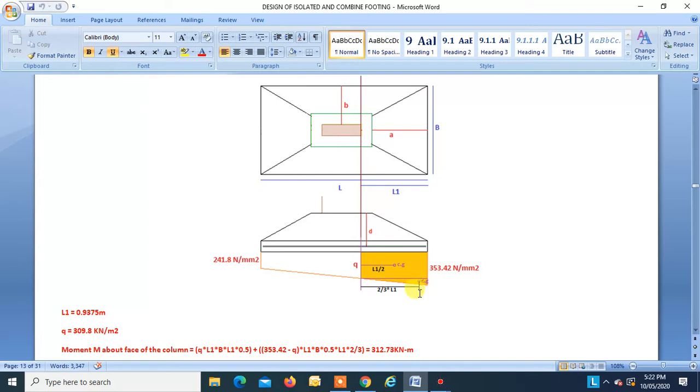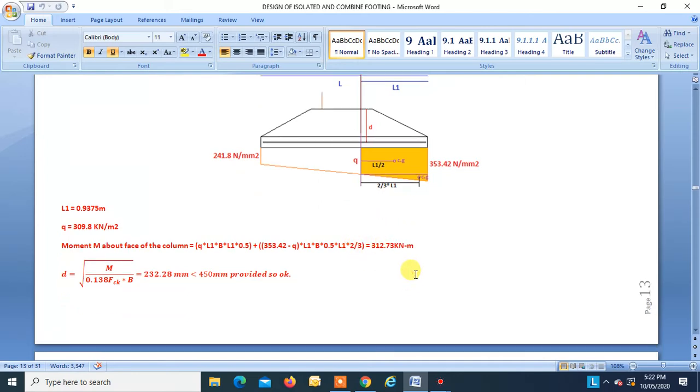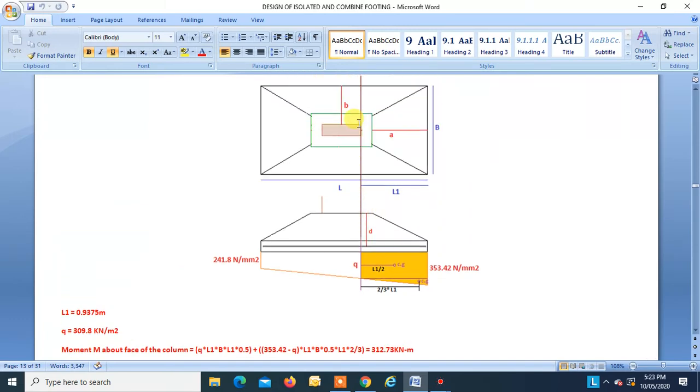That force into 2 by 3 L1 will give you the moment about this cross section. So the total is found to be 312.73 kilonewton meter. This is the moment at this section at the face of the column.